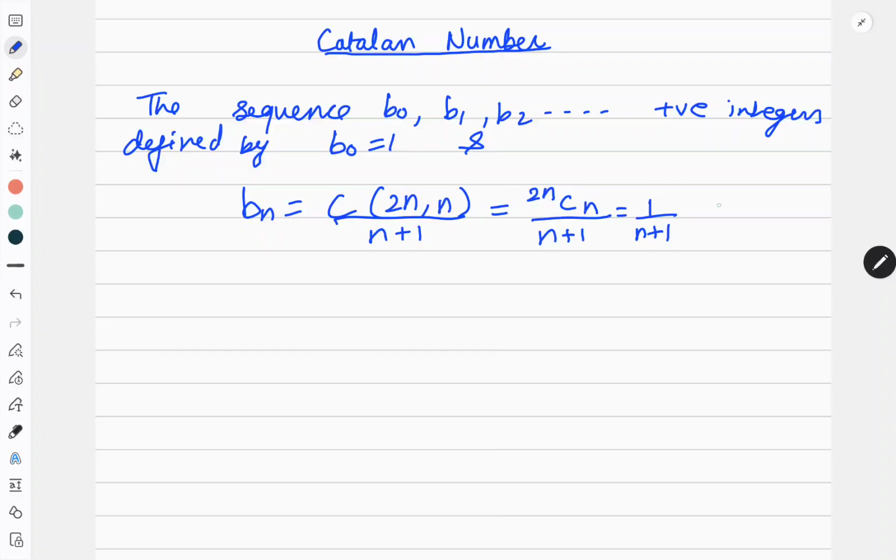How to open nCr? It is 2n factorial upon n factorial into n factorial.